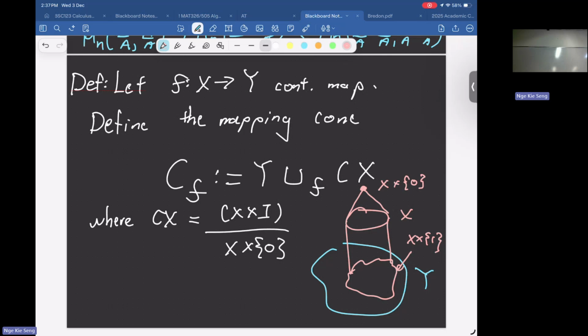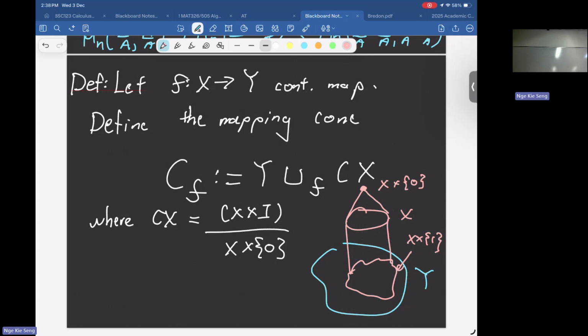Okay, so this is not quite a disjoint union. I remember when we introduced this notation, this is like how we do it. 这个跟 disjoint union 的 notation 不一样，因为多了这个 f。OK, the meaning of this is OK.